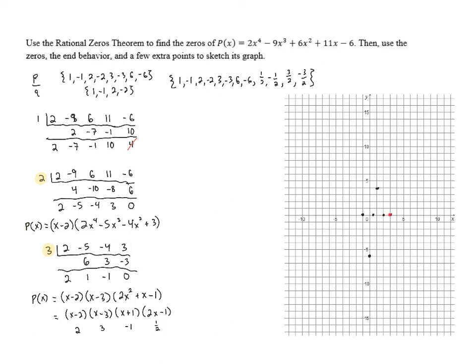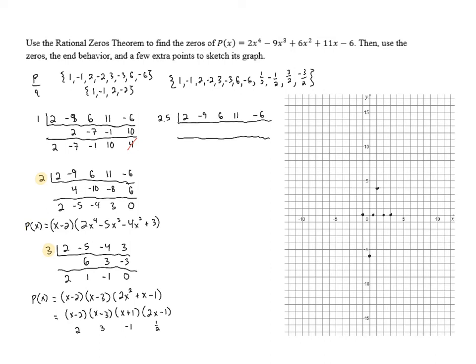So now to figure out what's going on between 2 and 3, we need one more point. So we can do 2.5. And if we do that, let's see, 2, -9, 6, 11, -6.